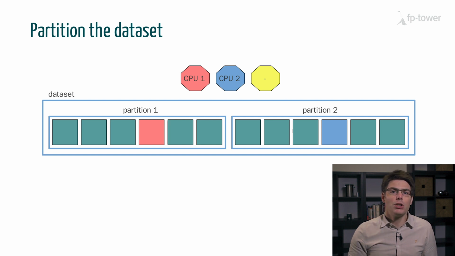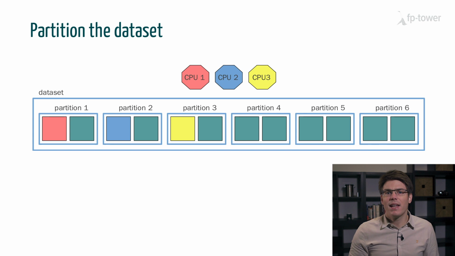If we create partitions which are too large, then we may have fewer partitions than processors, which means that we are still wasting resources. For example, here, CPU 3 is still idle. On the other hand, if we create too many partitions, then all the cores might be busy, but our code will waste lots of cycles performing unnecessary management activities, such as dispatching tasks and loading the data.